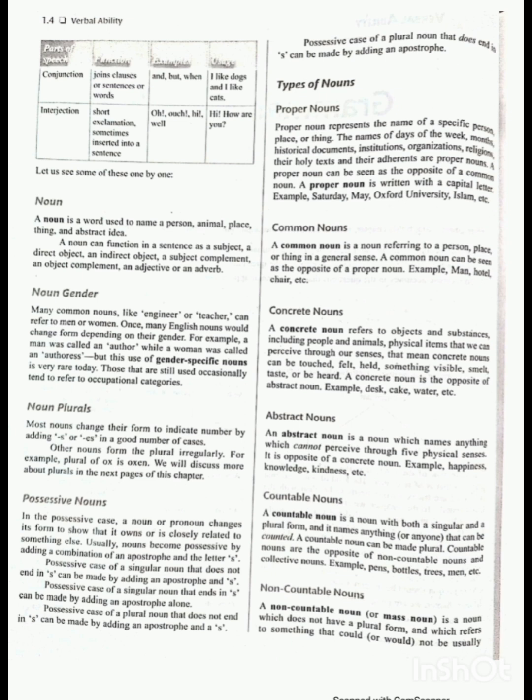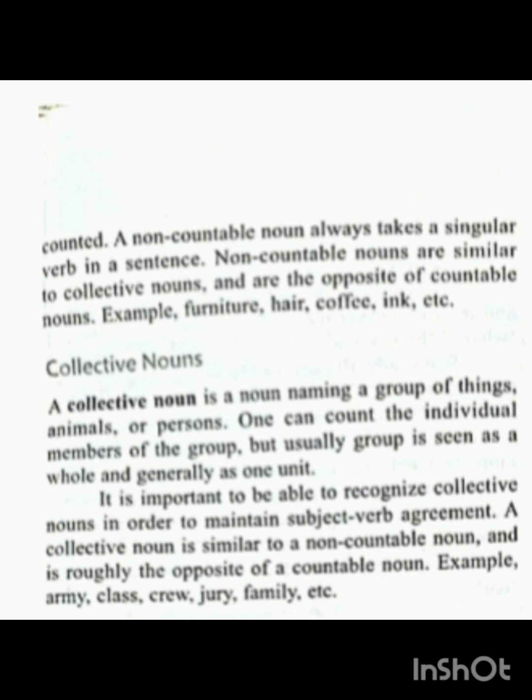However, these non-countable nouns can be converted to countable nouns by adding an approximate value. For example, we say 250 milliliters of water. That means we are giving the noun a count in terms of the volume, not on the drops of water or any beverage. Now we have the collective nouns. What is a collective noun?